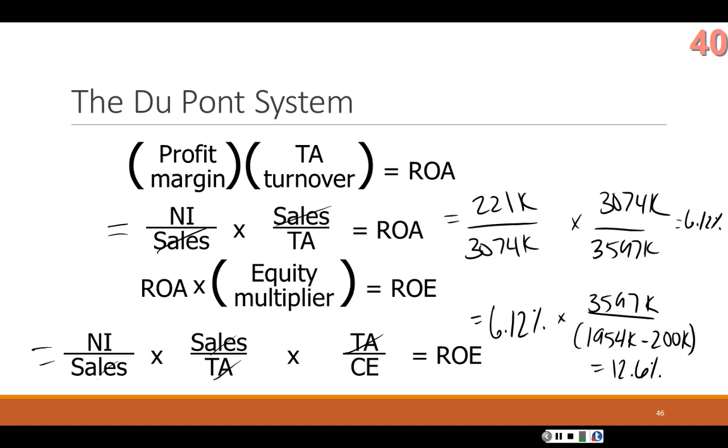Firms that have a lot of leverage have a higher equity multiplier because assets are financed with a relatively smaller amount of equity. So if we take our ROA, the 6.12%, and multiply that by our equity multiplier, then we have ROE of 12.6%.